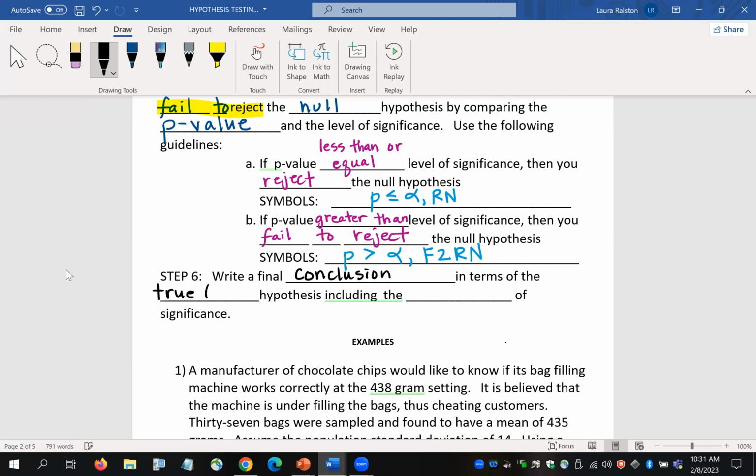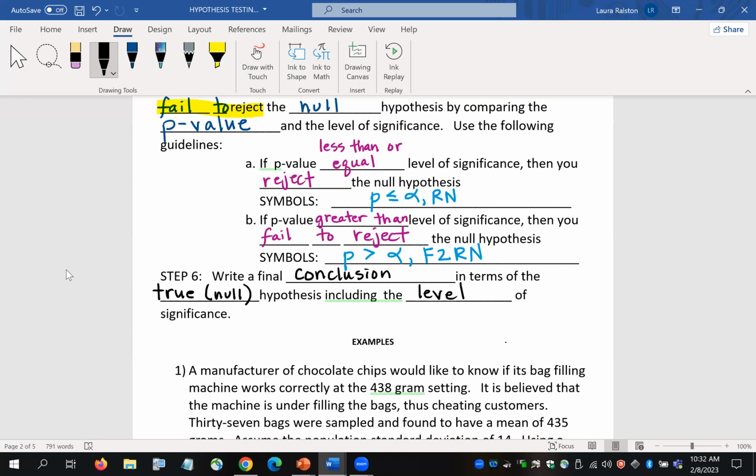It really should be in terms of the null hypothesis, but it makes more sense for students if I say in terms of the true hypothesis, including the level of significance. Okay, that's the process.